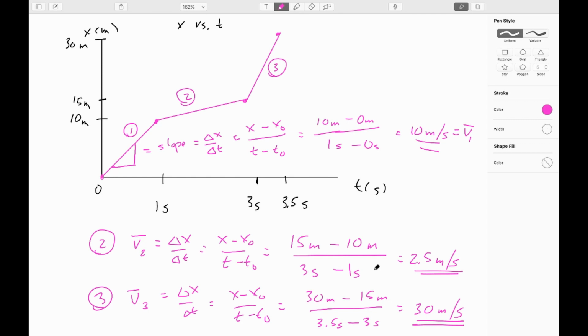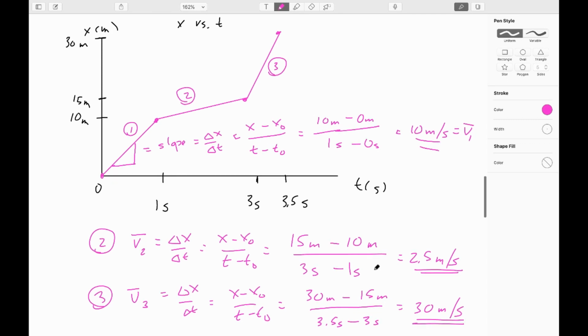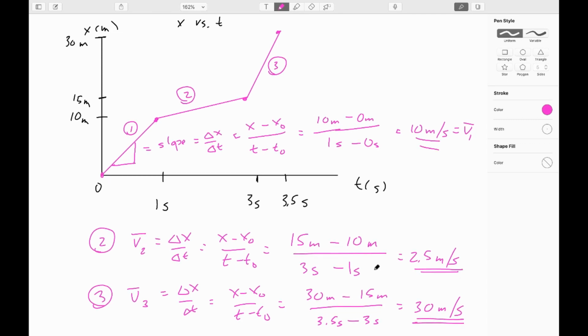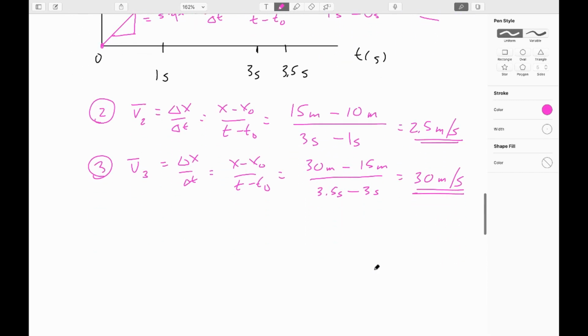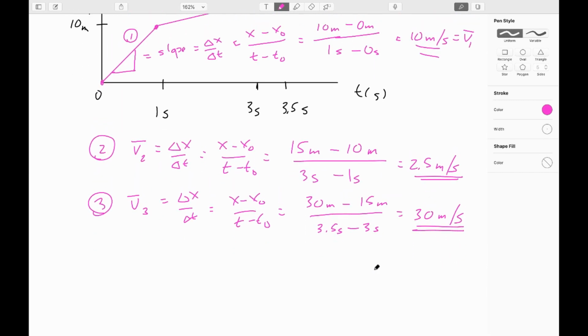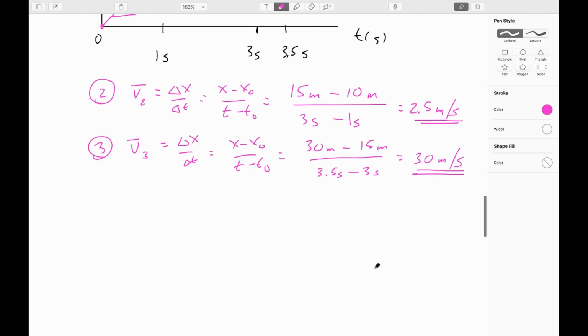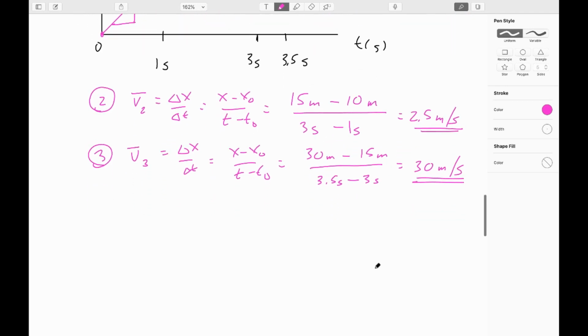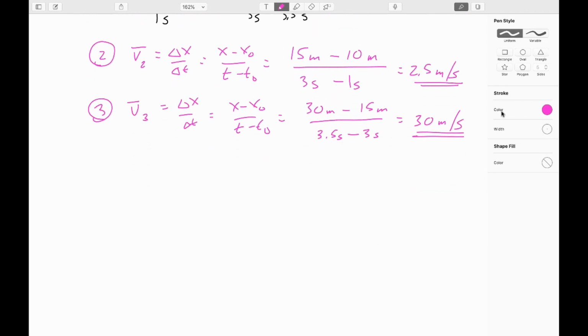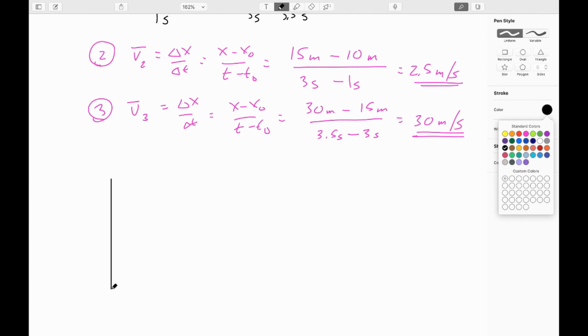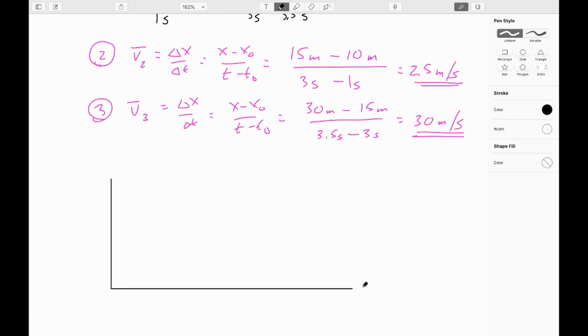So with that, I can go ahead and construct the corresponding velocity versus time graph for the same motion. So V1 is 10 meters per second here. So let's go ahead and just start drawing. So here now, instead of plotting position against time, I am plotting my velocity versus time.